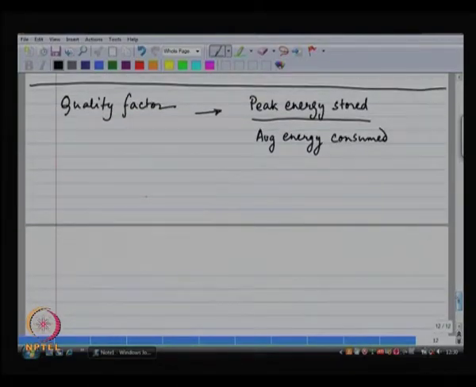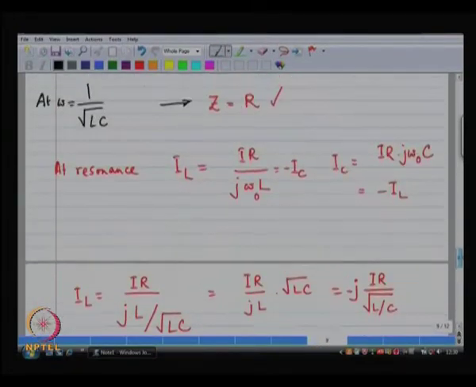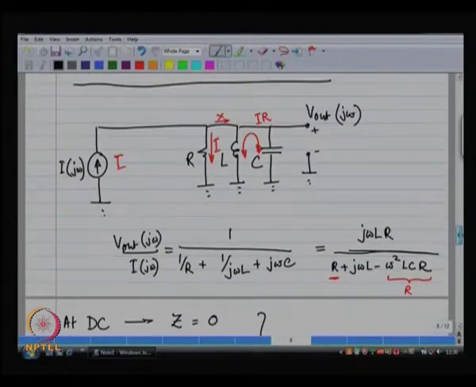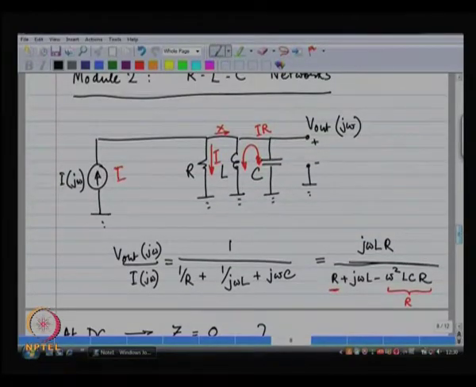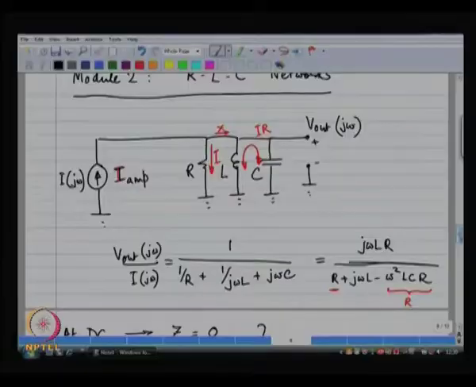So, now with this as the background, let us try to find out what is the quality factor of my circuit over here. If the current has an amplitude of I amp, then what is the average power that is being burnt in the resistor?